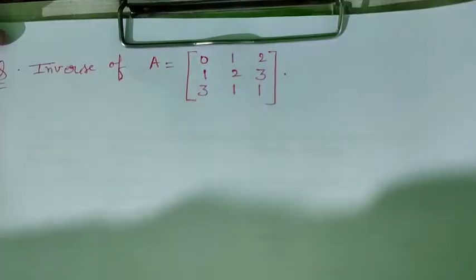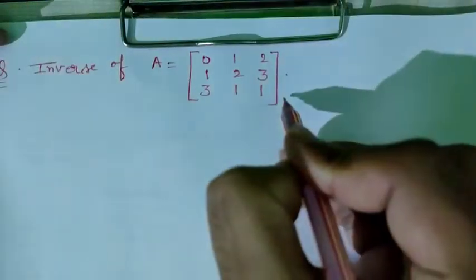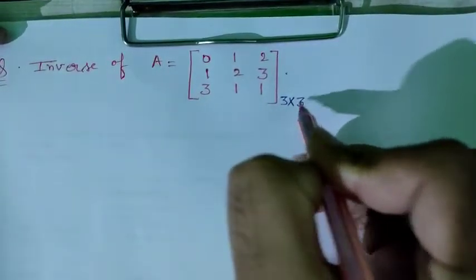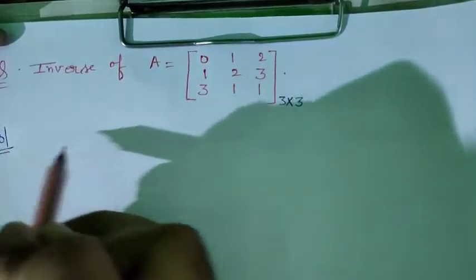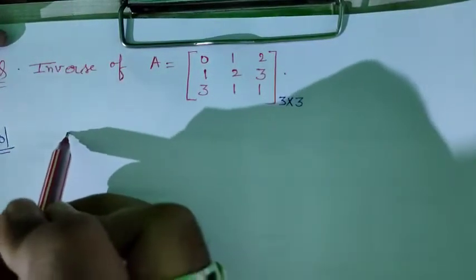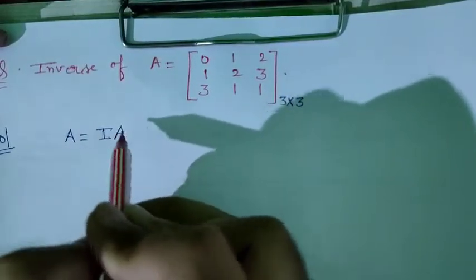Now we'll try to find the inverse of a matrix of order 3 by 3. I have taken one example. Now see the solution. First of all, we will write A equal to IA.